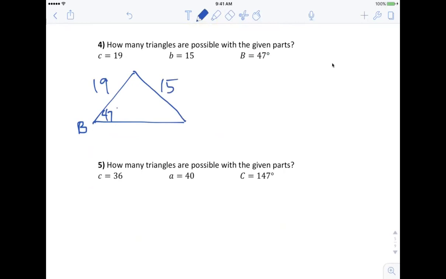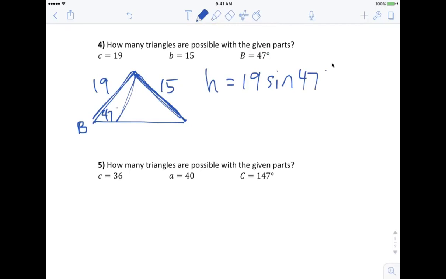Now I have to decide, okay, what do we have going on here? Well, B is less than C. So can I first reach all the way over? And if so, is it possible to do 2 like that? And that all depends on what H is. H is going to be the side adjacent to the angle given times the sine of that angle.